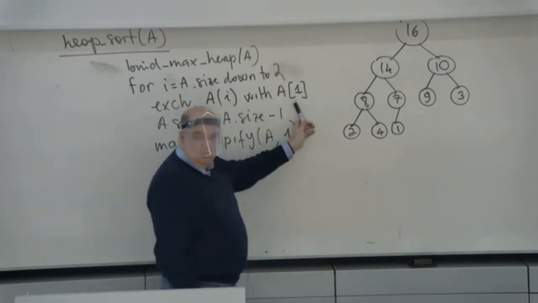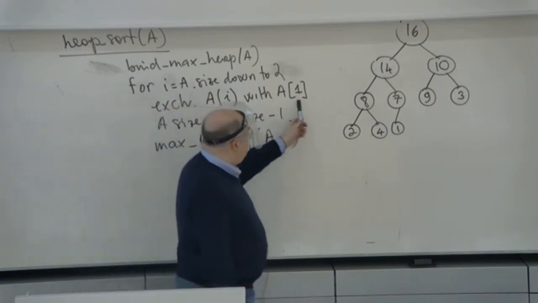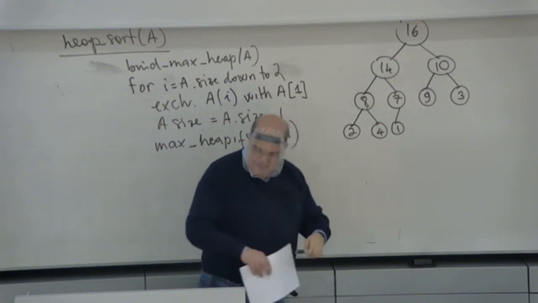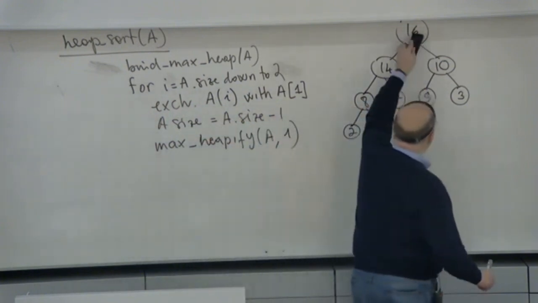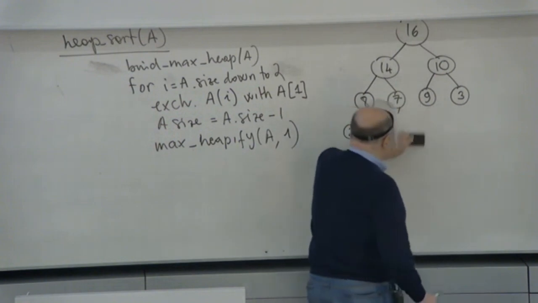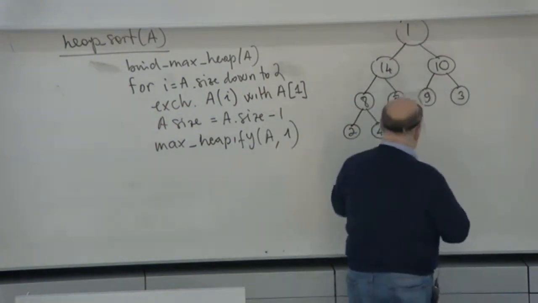You know that this is the max, you already know because of the structure of the max heap, okay? And so what you are doing is exchanging 16 with 1 in our case. So you get 16 here and 1 here.